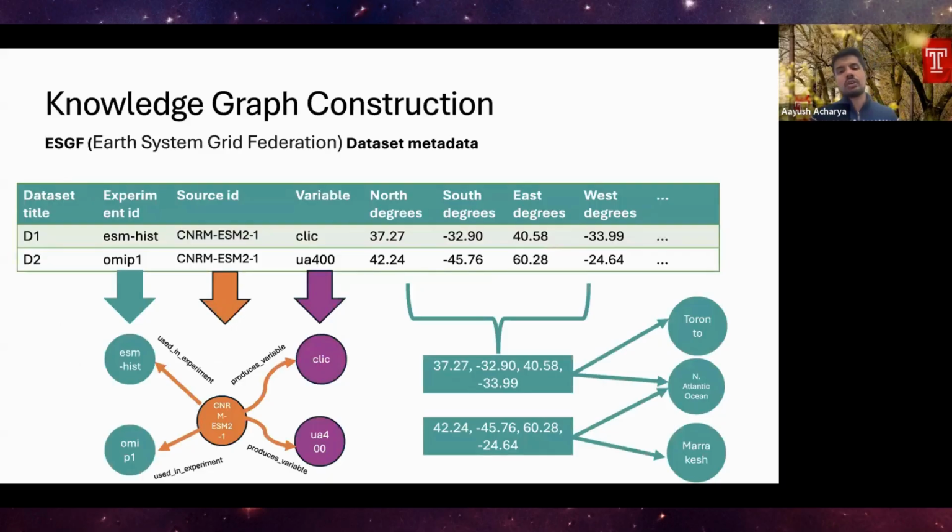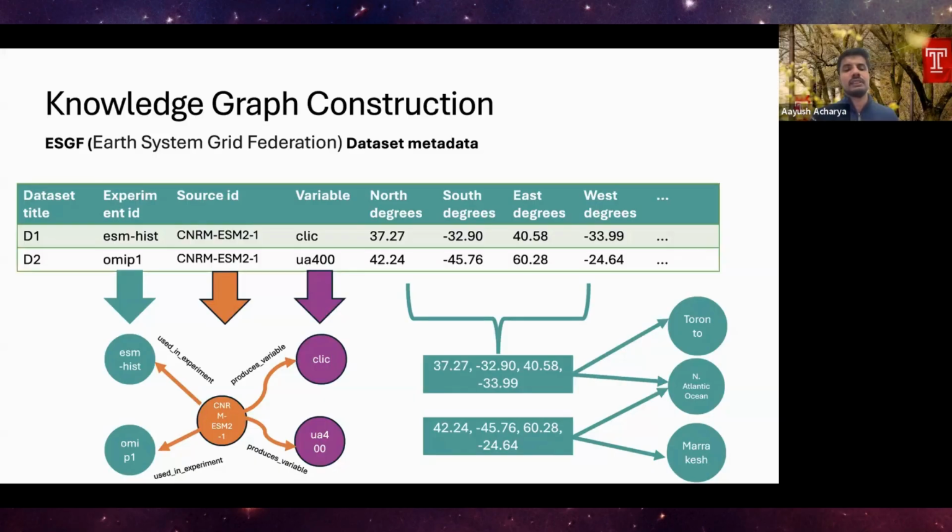So how was our knowledge graph constructed? The foundation of our knowledge graph is the ESGF, the Earth System Grid Federation dataset. ESGF has a lot of climate datasets, either simulated or predictive, and it also has metadata about each dataset.